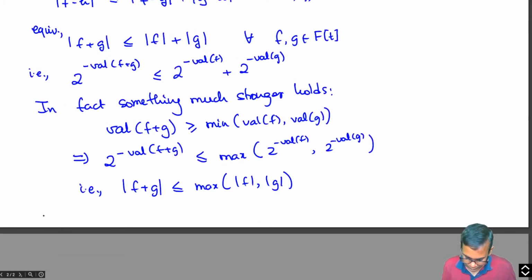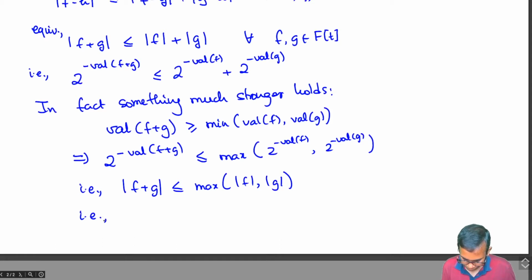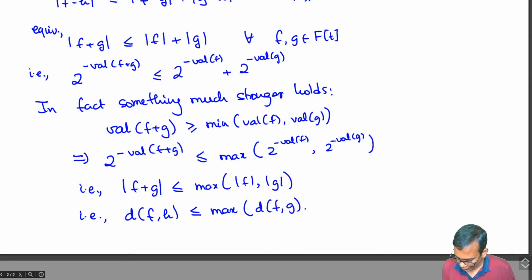In other words, the distance from f to h is less than or equal to the maximum of the distance from f to g and the distance from g to h for all f, g, h in F[[x]].